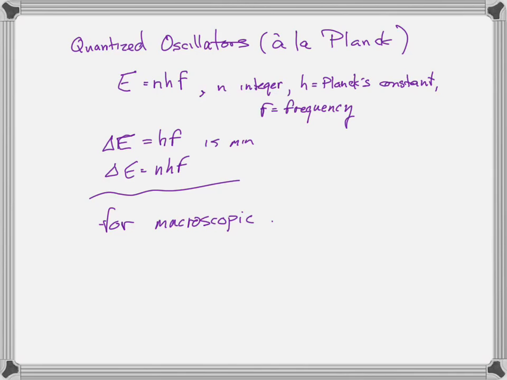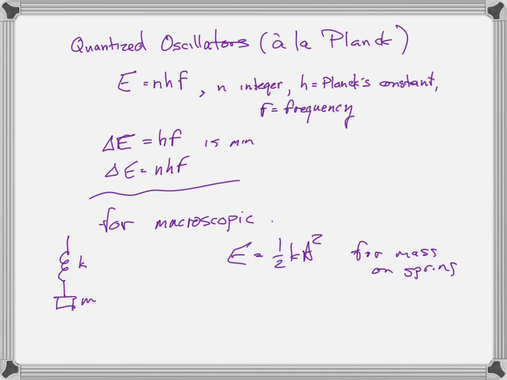I mean, they're continuous, right? You can pull that mass out to any amplitude, and we know that the energy of a mass on a spring is 1/2 k a squared. Don't forget, with a mass m and spring k, the total mechanical energy is 1/2 mv squared plus 1/2 kx squared.